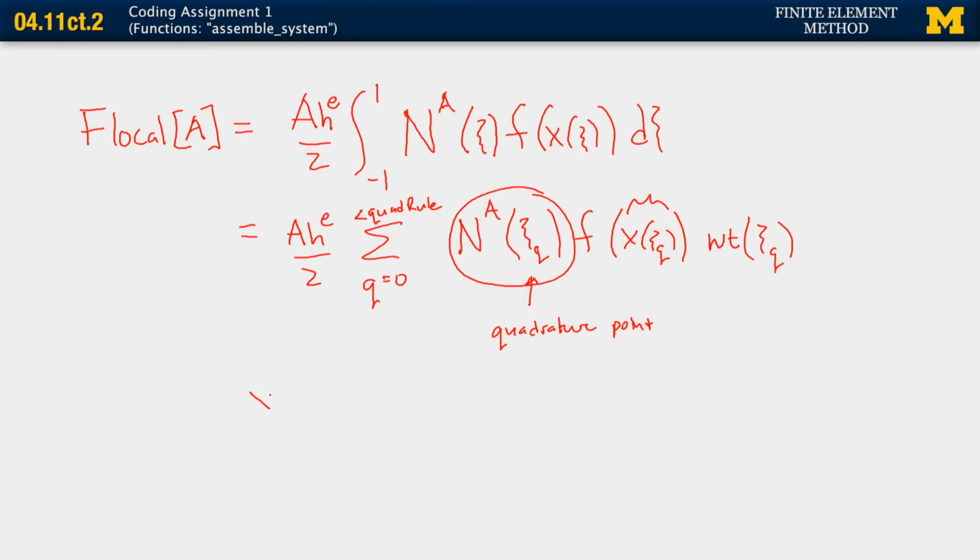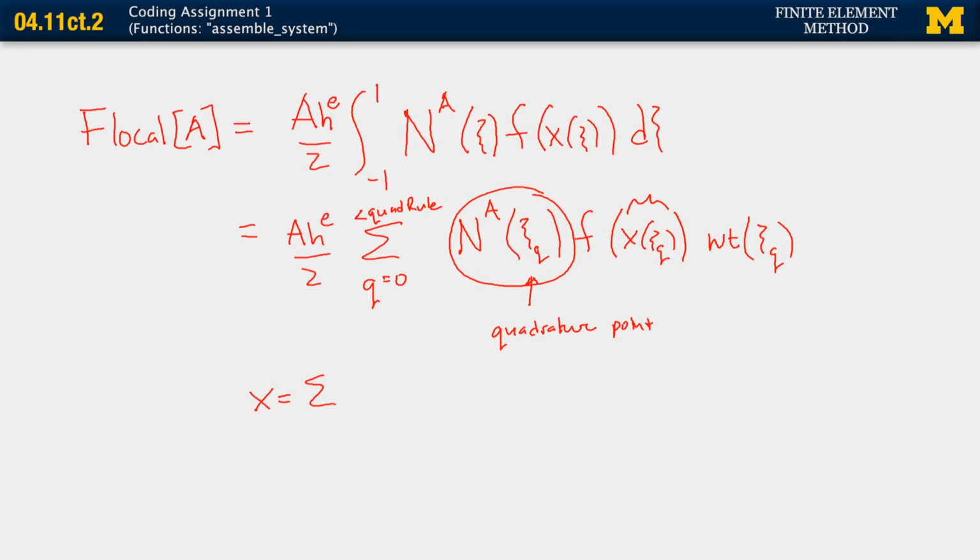This is also something from the lecture, but as a reminder, we can interpolate over the values of x at our local nodes to find the value of x at xi. Let me specify that this is the value of x at xi q, for example.